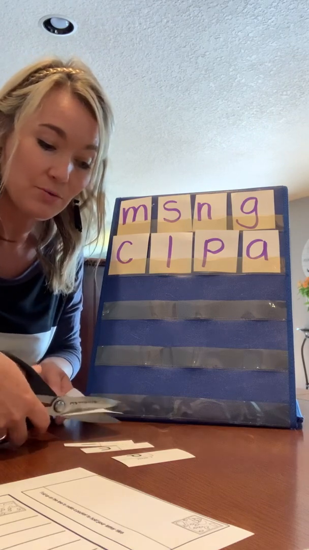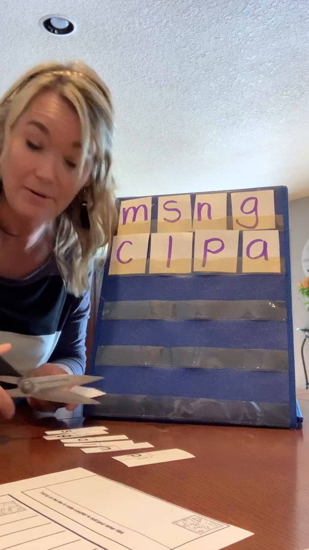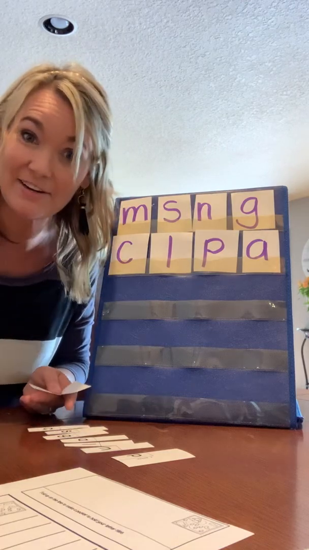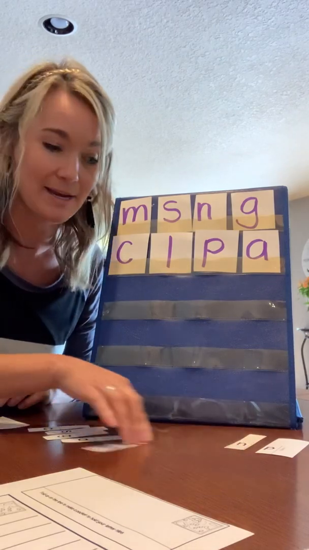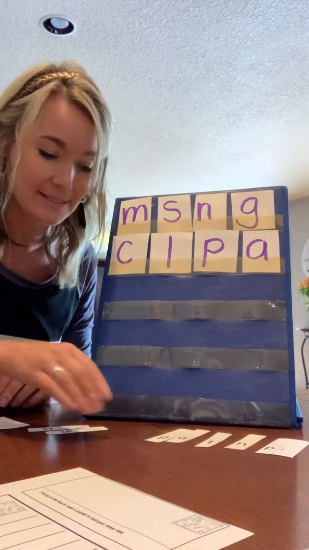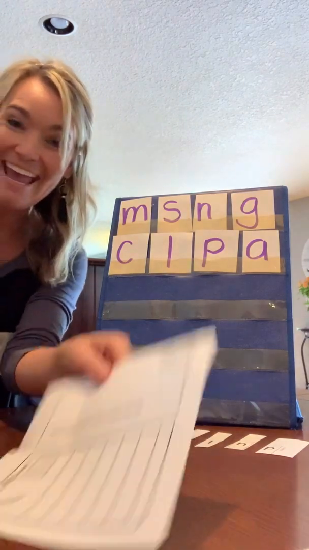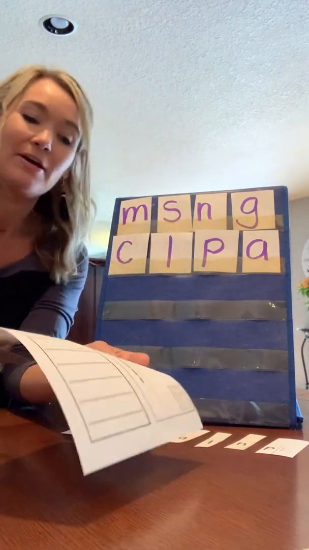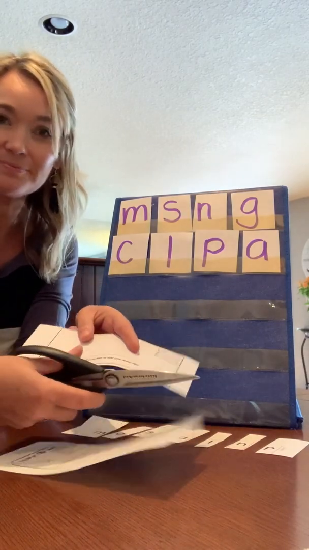And then you will organize these and put them at the top of your workspace so that they're easy to find and that they're organized. So I'm just going to set mine here so that you can see kind of what you might do with your materials, okay? And then this bottom half, we want to cut like this, okay?